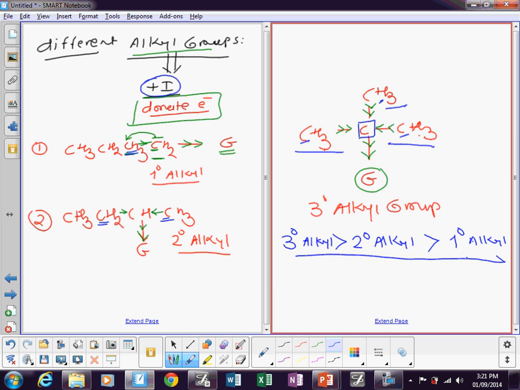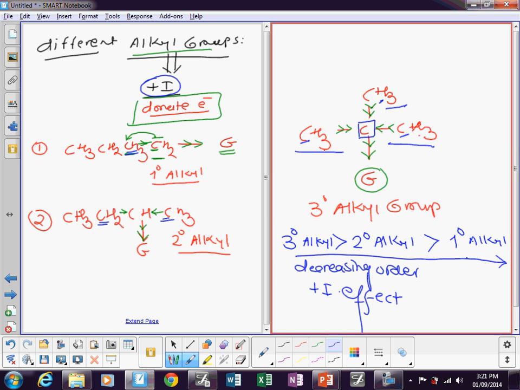This is the decreasing order of positive inductive effect.